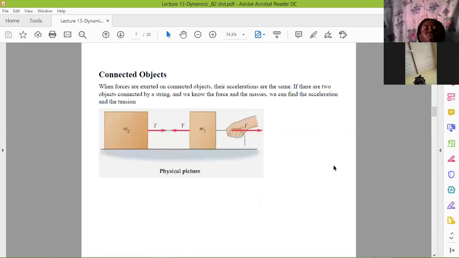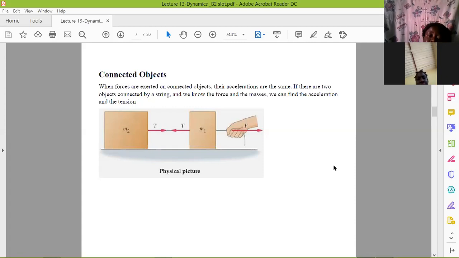Okay, if you look at these two examples that you have there, you have mass 1 and mass 2, connected together by a rope. If you look at object 2, the tension is directed towards the side where the rope is.